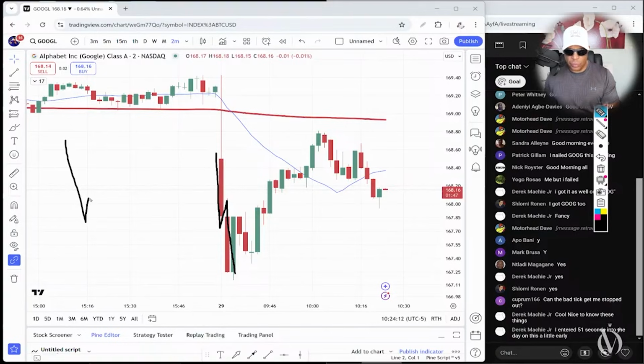Drop, bounce, drop, out. Drop, bounce, drop, out. And the way this is played is enter, exit, enter, exit, and if you have another one, exit.